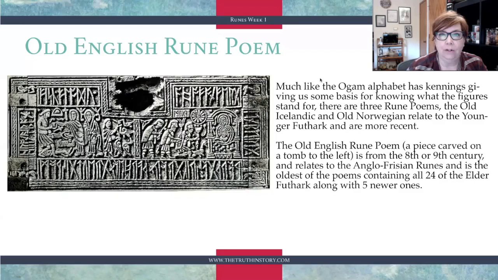So the Old English for me is sort of home base. And then I take a look at the other two, which can sometimes have variances. But because we have the Old English as the oldest source and it has the most of the runes, for me, that's where I step in first for meanings.